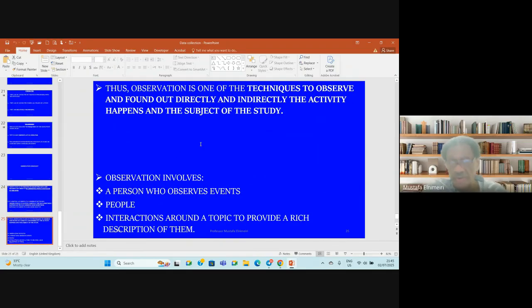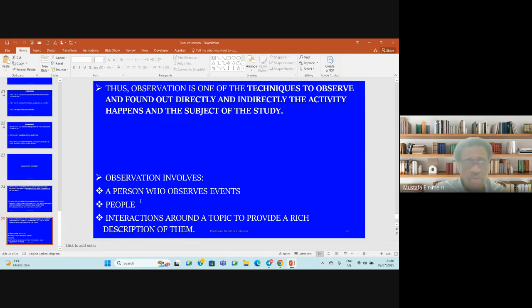Thus, observation is one of the techniques to observe and find out how, directly and indirectly, the activity happens on the subject of the study. This involves a person who observes the events, or we can also use a standard checklist to check for the availability of certain drugs, equipment, or instruments, and whether these instruments are functioning or not functioning.